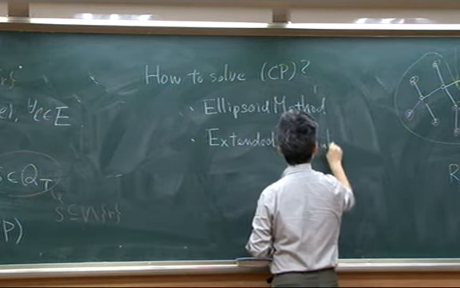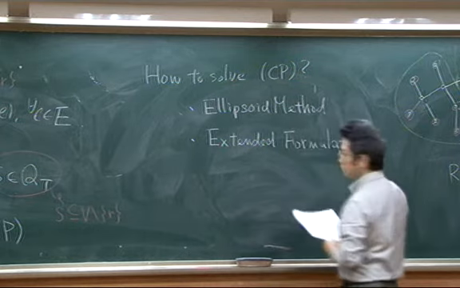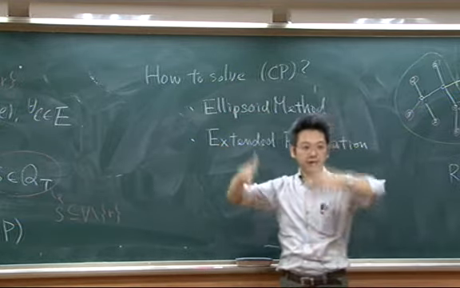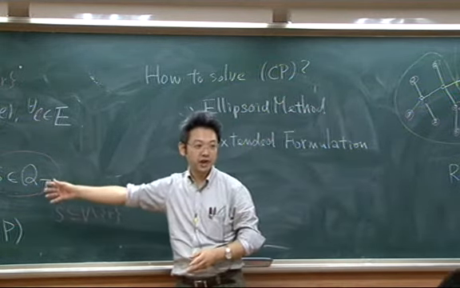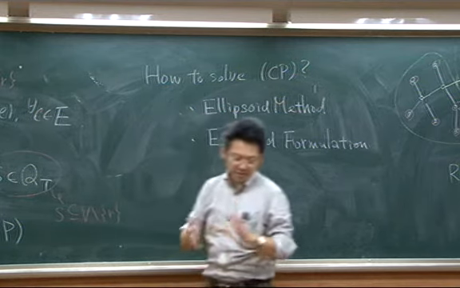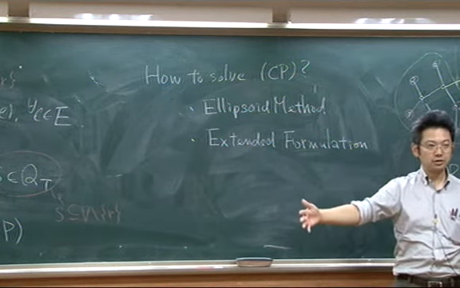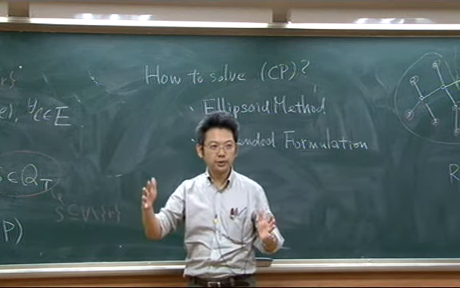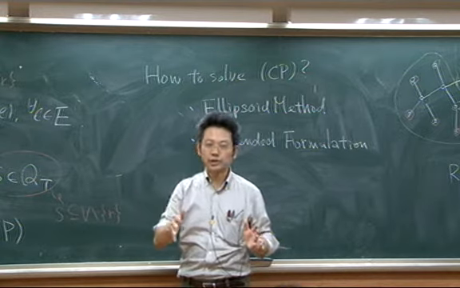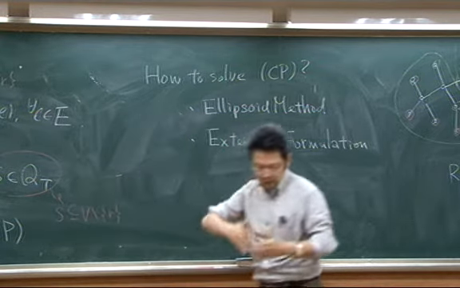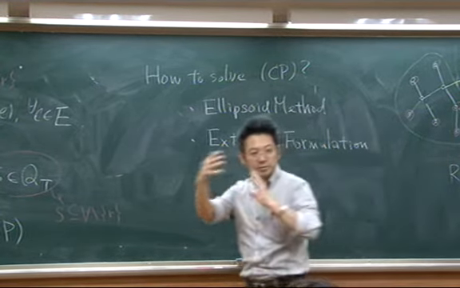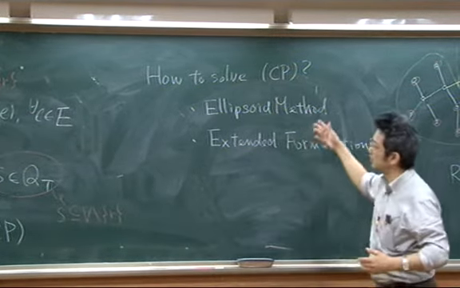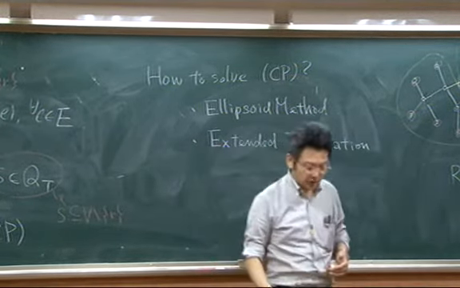Here I will omit the detail, but basically you can think of a larger LP whose projection will become this LP. So the number of variables will become larger, but the number of constraints will be polynomial, and the number of variables is still polynomial. In that way, we can define a polynomial size LP whose optimal solution will give you an optimal solution for that one. So in both ways, we can solve this CP in polynomial time.